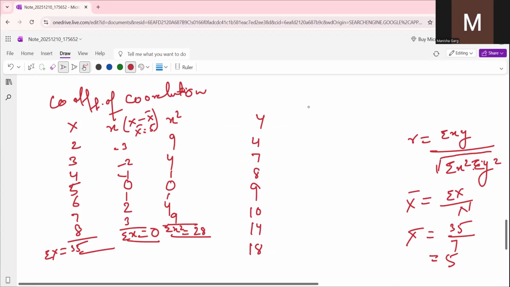Then we will do the same with the y series. Firstly, we will find y mean, which is summation of y divided by number of observation. Summation of y is equal to 70. Then we will find y equal to y minus y mean.